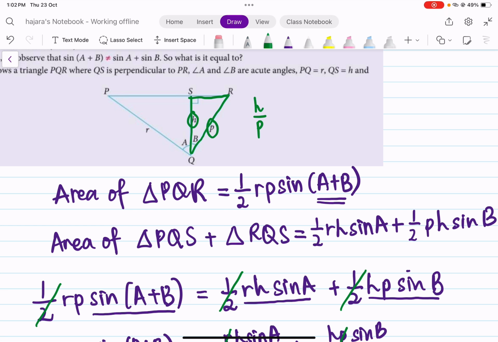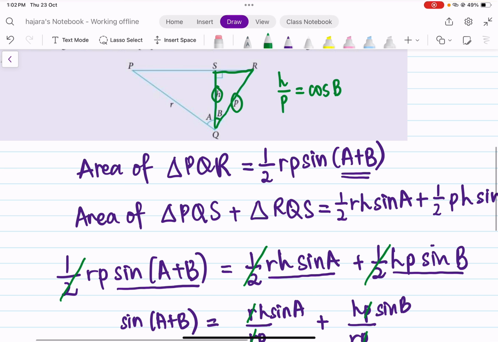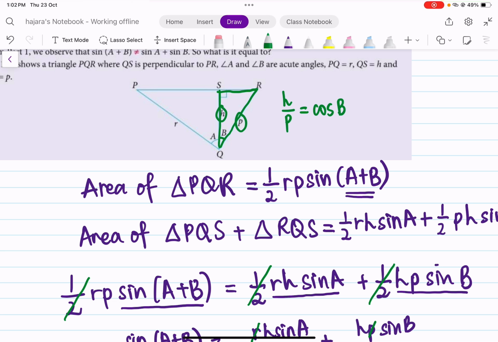Can you see that h is actually the adjacent side to the angle B and p is the hypotenuse in this triangle, which means this is actually the cosine ratio of angle B. Similarly, h over r, if you look at triangle PQS, h again is adjacent to angle A and r is the hypotenuse of angle A. So h over r is cosine of angle A.